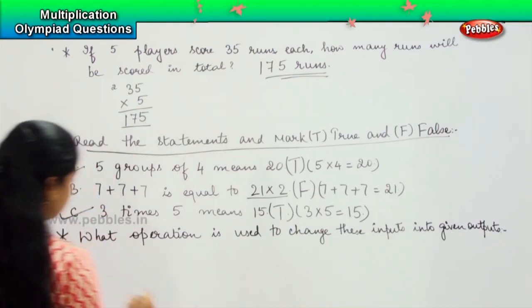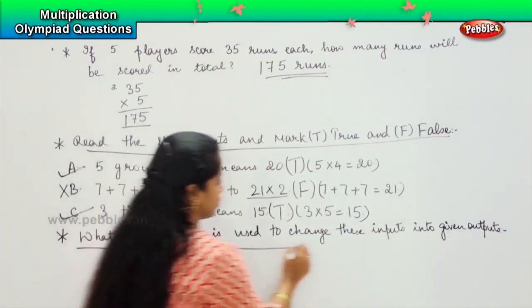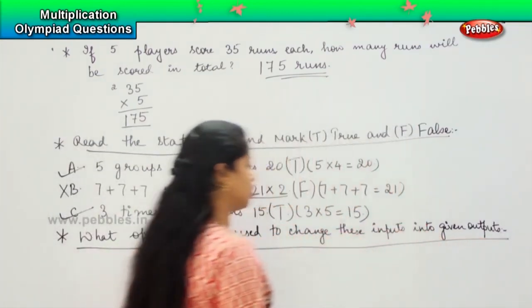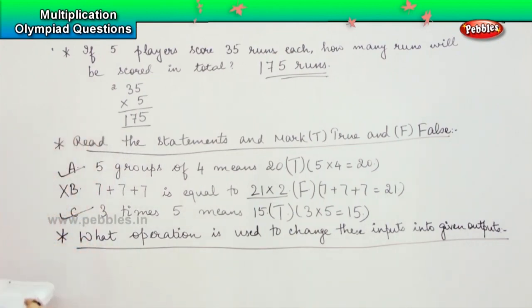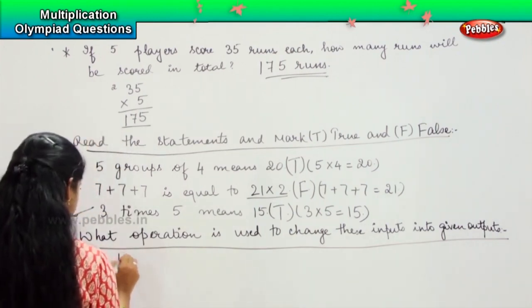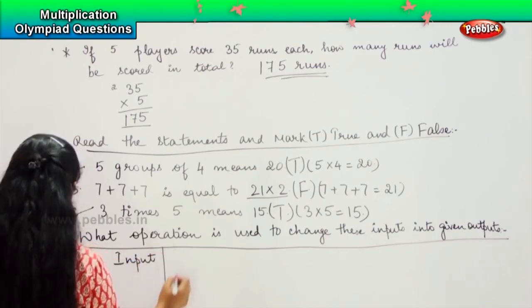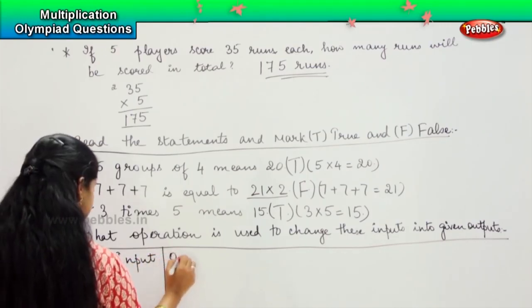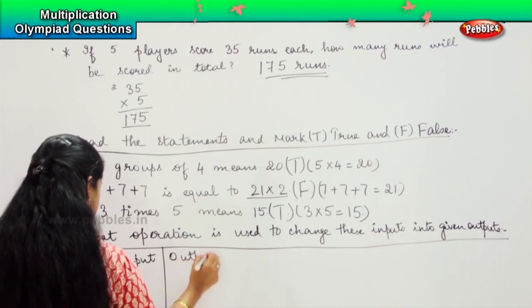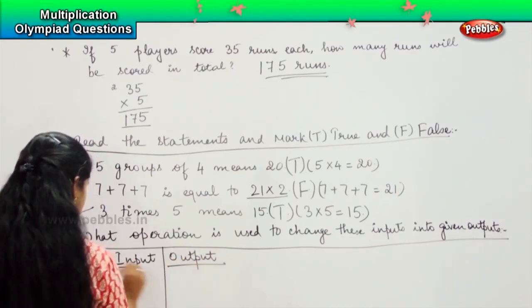Did you understand the question? So what operation is used to change the given inputs into the given output? Your input is here and your output is here. Okay.